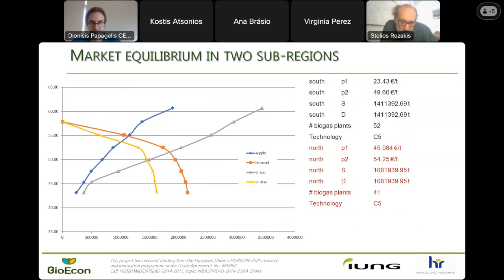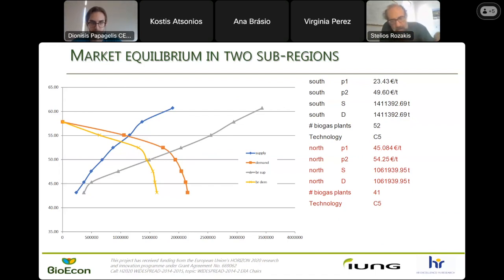We can also represent the results in lower scale, so in smaller areas. So here, for instance, we divided the problem in two sub-regions, let's say in the northern part of Lubelski and the southern part.